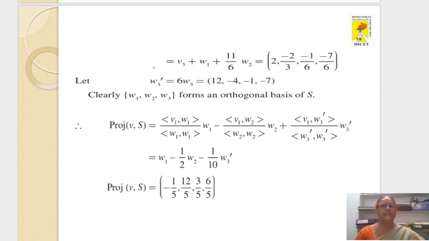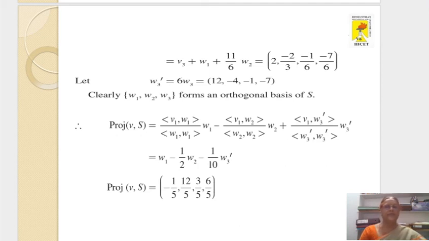Finding this W3 dash won't affect any of the values. Just to avoid our denominator, we are changing that W3 into W3 dash by making it 6W3. Now substitute and find out all the inner product values. Then substituting in all these, we will get the projection of V on S as minus 1 by 5, 12 by 5, 3 by 5 and 6 by 5.